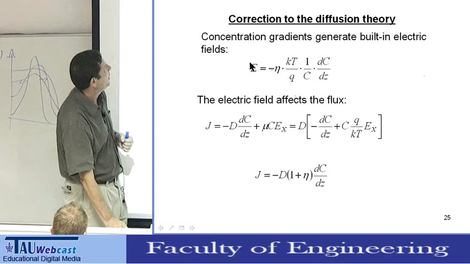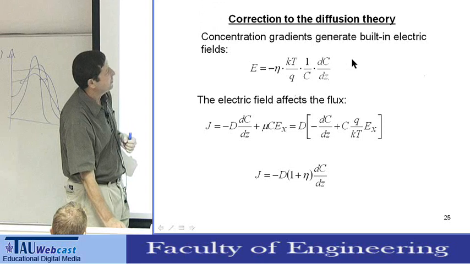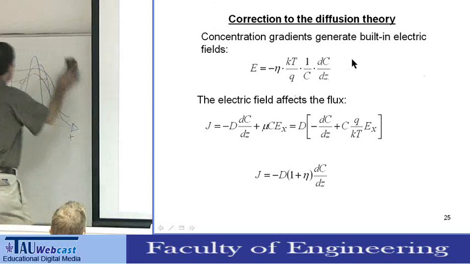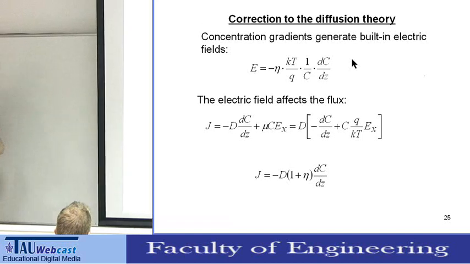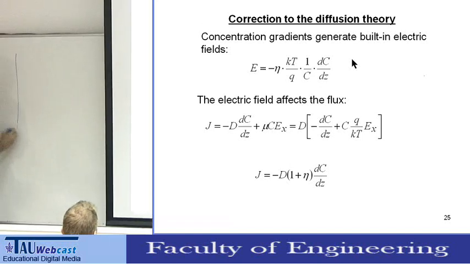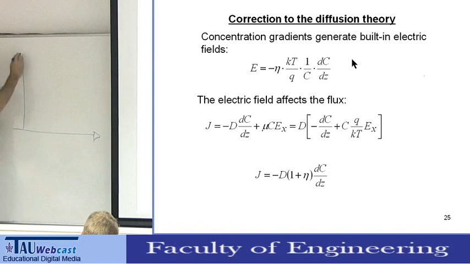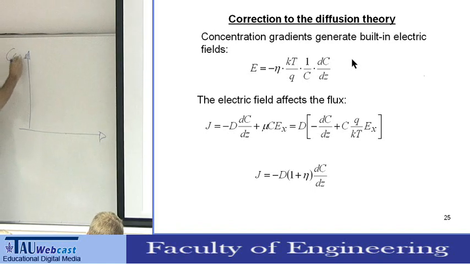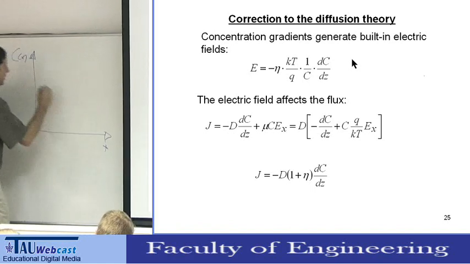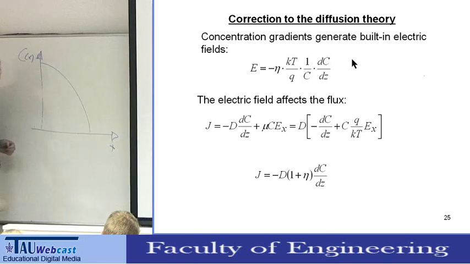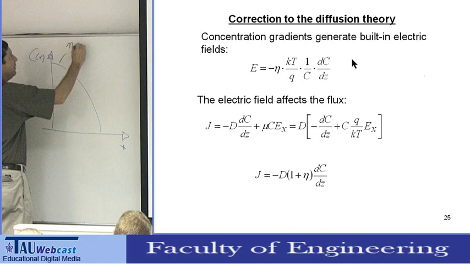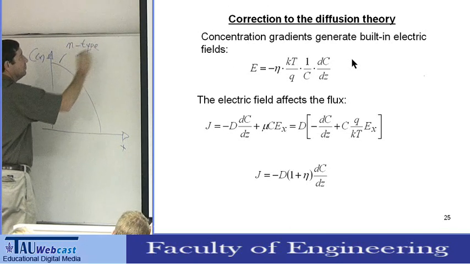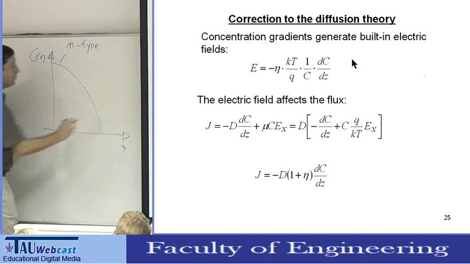Let's say that you have a gradient. Look at the following situation. This is concentration versus X, and let's say the profile is like this. This is N-type dopant, and the substrate is P-type.